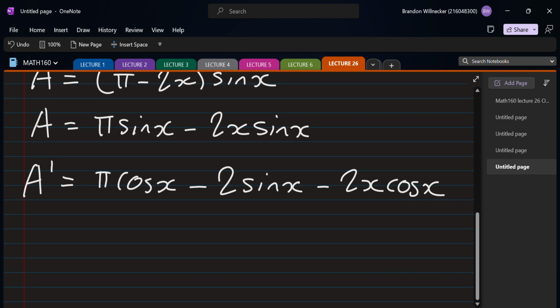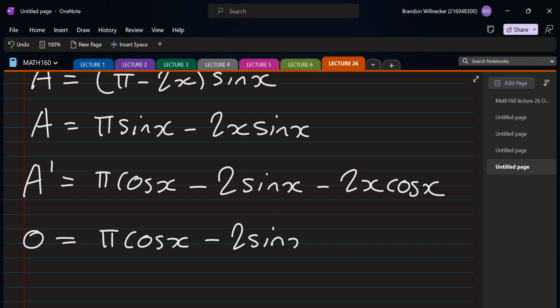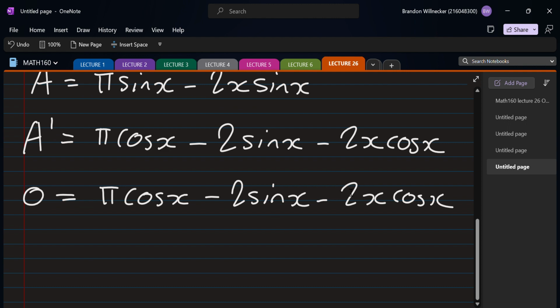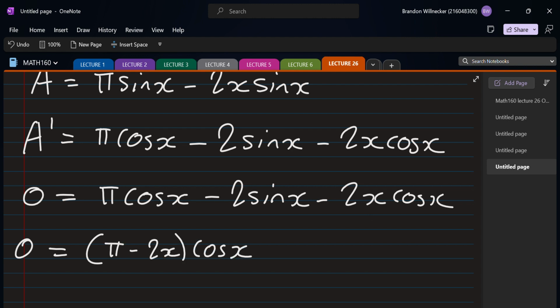Now we want this to be equal to 0. So 0 is equal to pi cos x minus 2 sine x minus 2x cos x. Okay. Now we've got two cos terms, we can put those together. So that's going to be pi minus 2x, times cos x, minus 2 sine x.